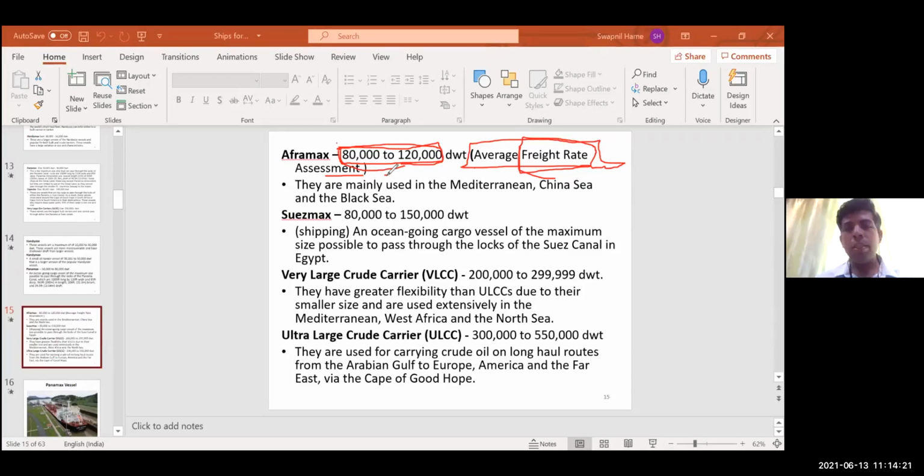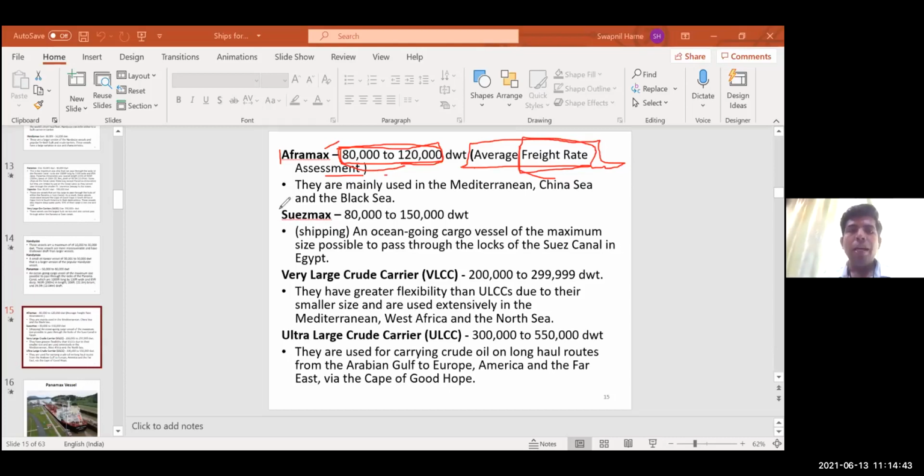At this moment, you just understand what is an Aframax tanker. So is this clear up till now? Yes, sir. I will discuss Aframax in more detail afterwards. It is a big topic to cover.